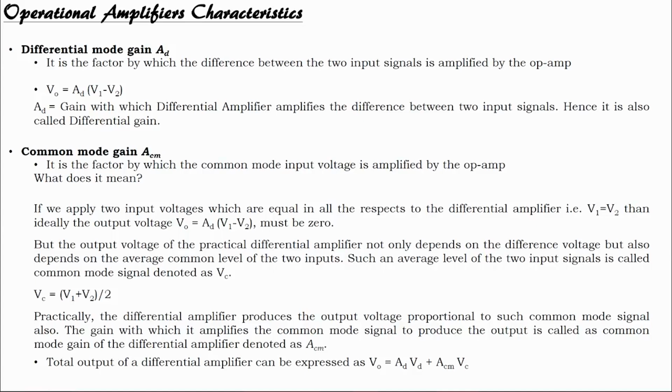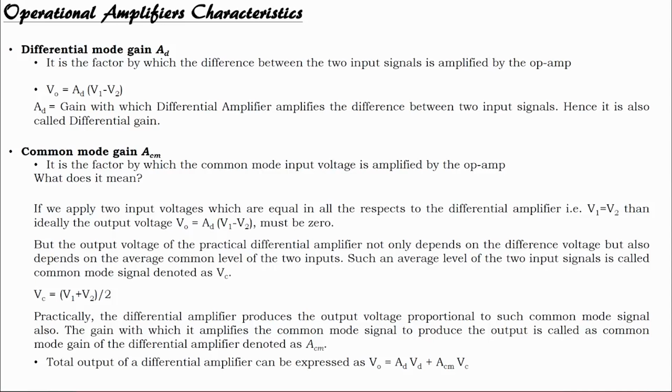it does not only depend on the difference voltage, but also depends on the average common level of the two inputs, and such an average level of two input signals is called the common mode signal, denoted by Vc or VCM. This VCM can be found by the formula VCM equals V1 plus V2 by 2, right. Thus, we cannot just say that VO equals AD into V1 minus V2.